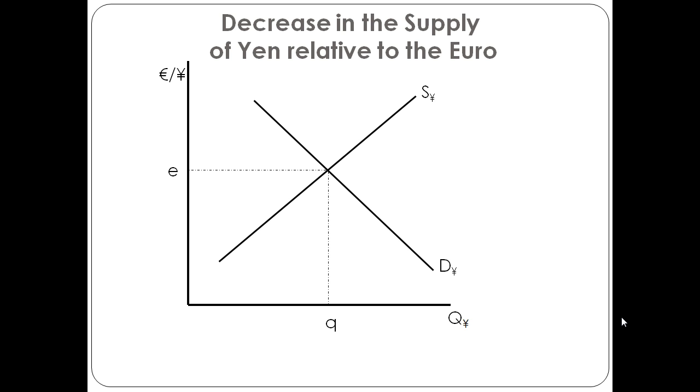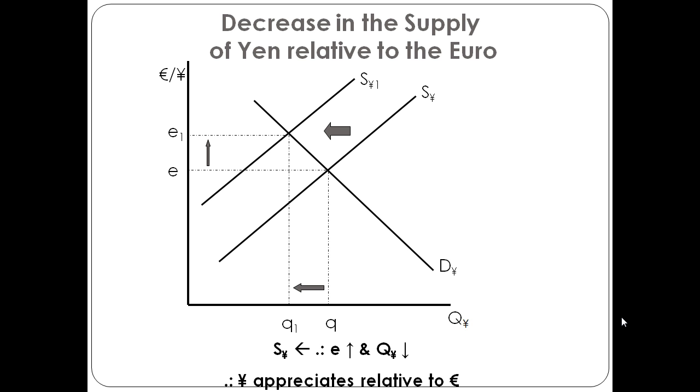So we have a downward sloping demand for yen and an upward sloping supply of yen. That creates an equilibrium exchange rate and quantity of the yen. Now we're going to decrease the supply, shifting the supply of the yen to the left from S yen to S yen 1. As you can see, where S yen 1 meets the demand for yen, we have a new exchange rate, E1, and a new quantity of yen, Q1.